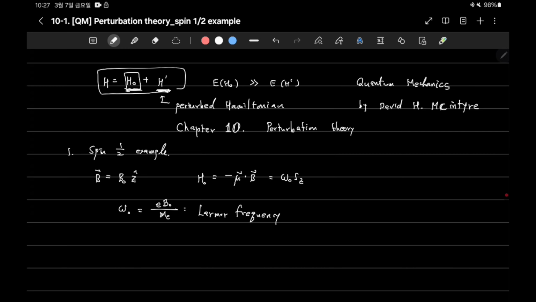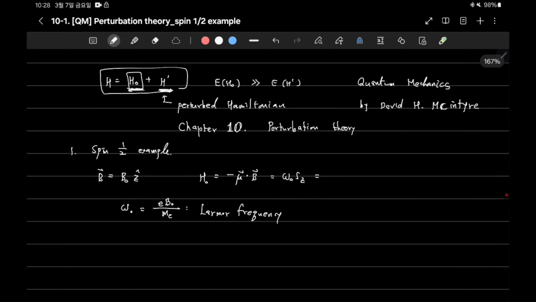If we apply a magnetic field to the spin 1/2 system, the Hamiltonian can be written like this, because Sz is a spin operator like the Pauli matrix. In the z direction, the matrix is one half times omega 0, 0, 0, minus omega 0.